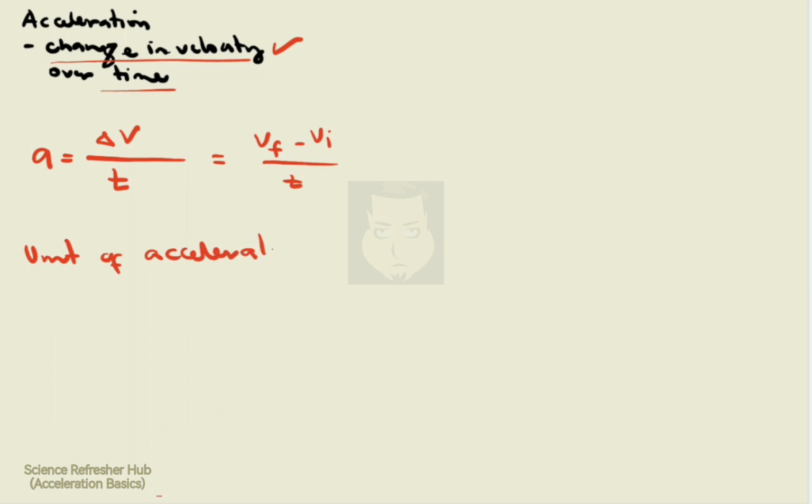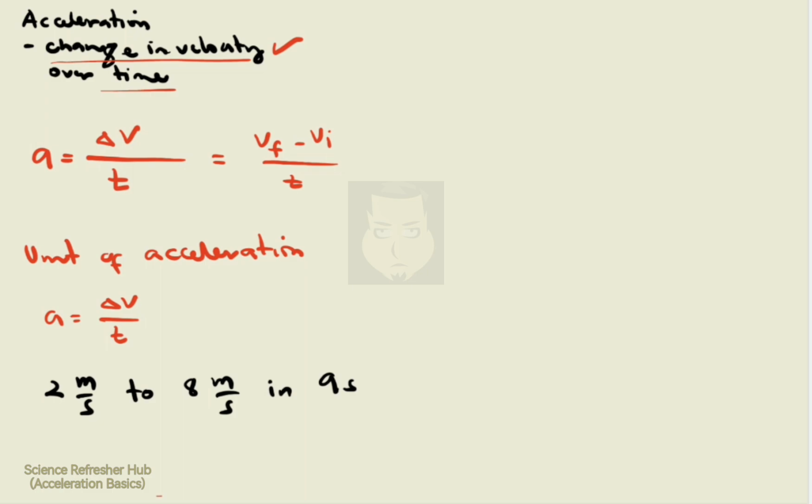We can figure out the unit of acceleration by calculating it using its formula. So acceleration is equal to change in velocity over time. Let's say, for example, the object moves from 2 meter per second to 8 meter per second in just 9 seconds.